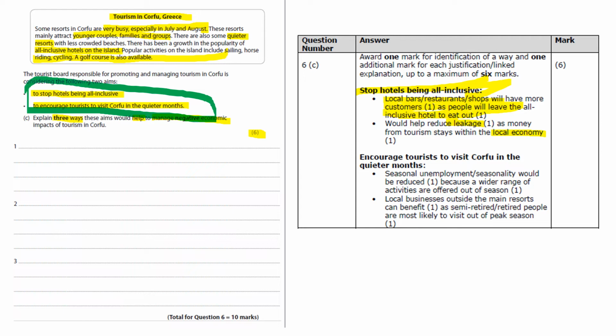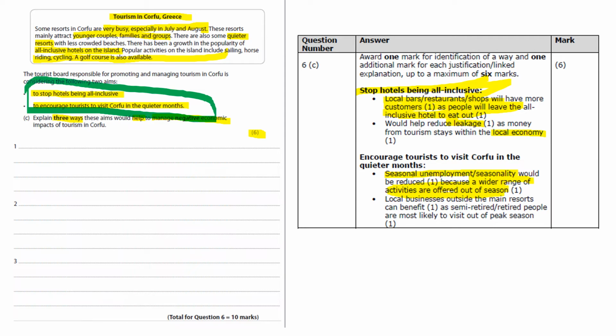Well, the most obvious reason for that is that it will get rid of seasonal unemployment. If there's tourists all year round, there'll be jobs all round. So it'll get rid of seasonal unemployment because it will mean that there'll be a wider range of activities offered out of season. It means hotels won't shut during the summer, so that's going to be good.